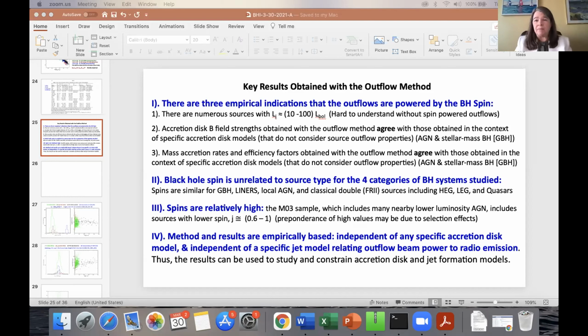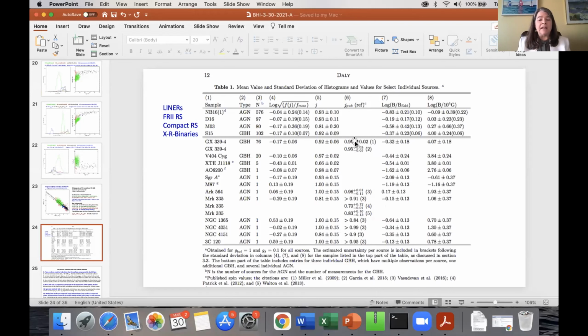Can you see the table shown here? Okay, great. This shows all of the sources that have an X-ray reflection spin that overlap with the sources I studied. Now, for the AGN, we recently were awarded about 30 AGN with known determinations.